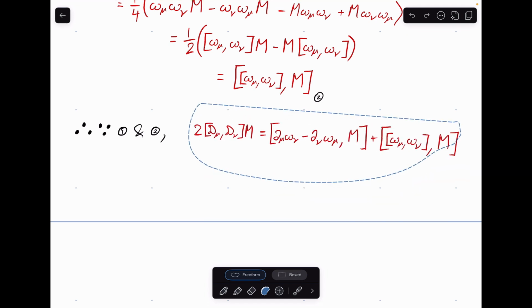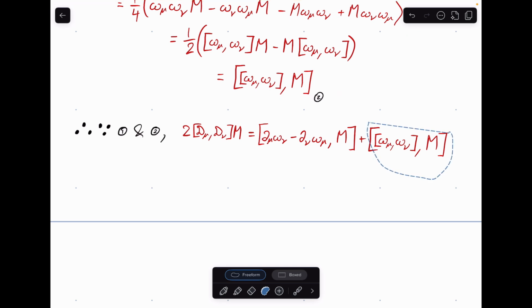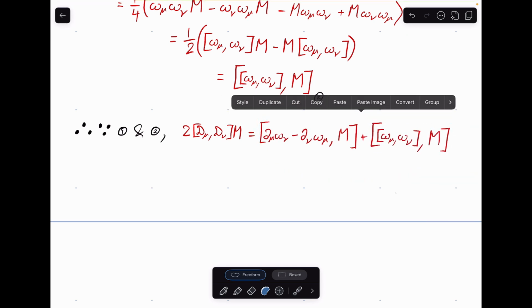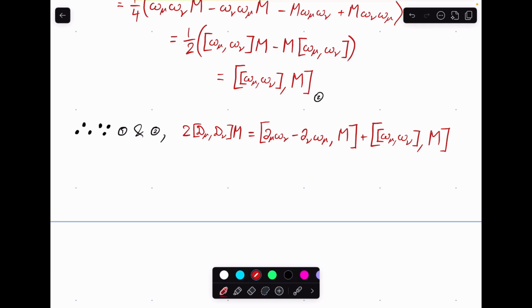Like this. Okay, that's better. We can now simplify this because recall, both of these are commutators and now they're acting both on M, so it's distributive.